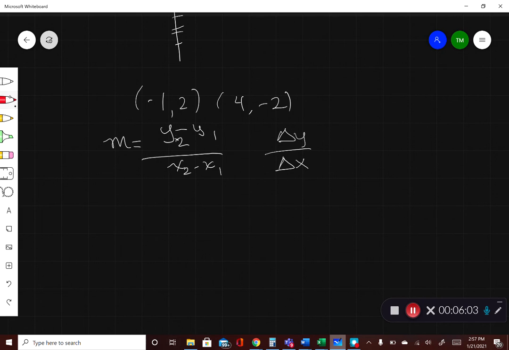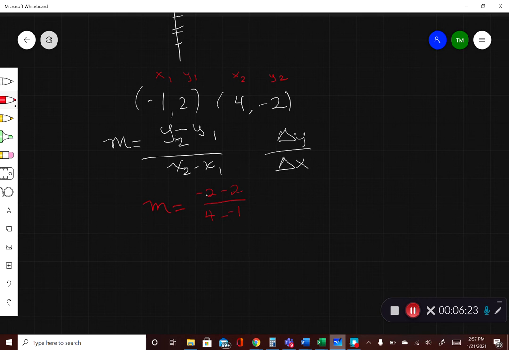So if we're given these 2 points, then this is going to be our x1, y1, and this is going to be our x2, y2. And we're going to plug those values into the formula for the slope, and we get -2 minus 2 over 4 minus -1.